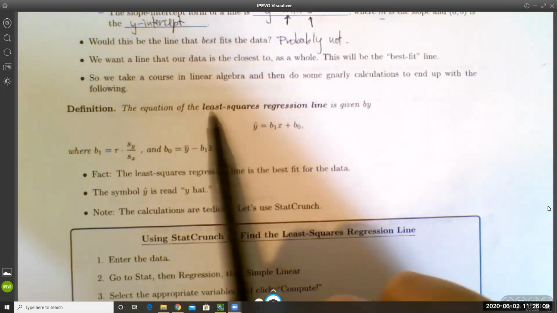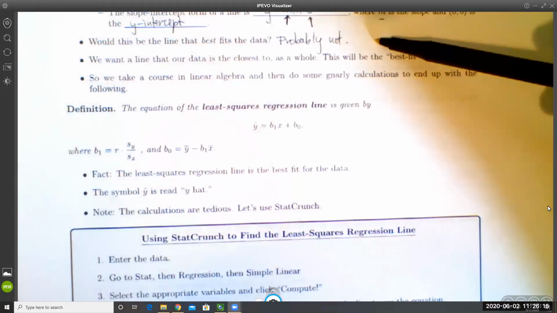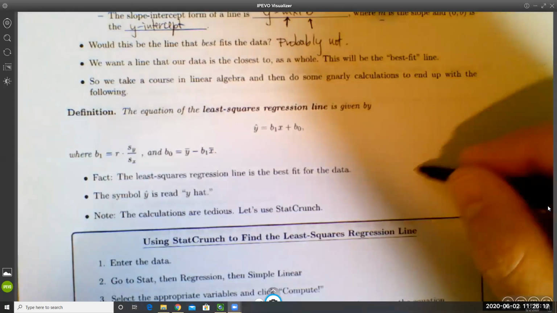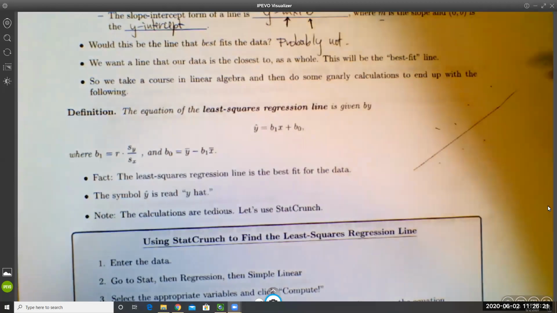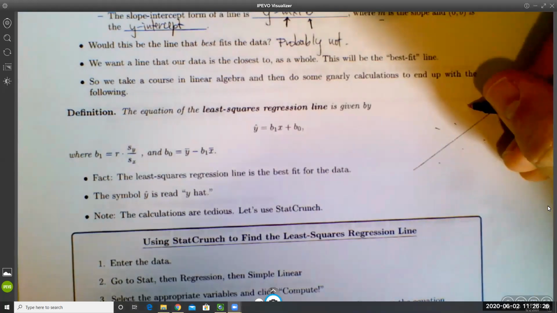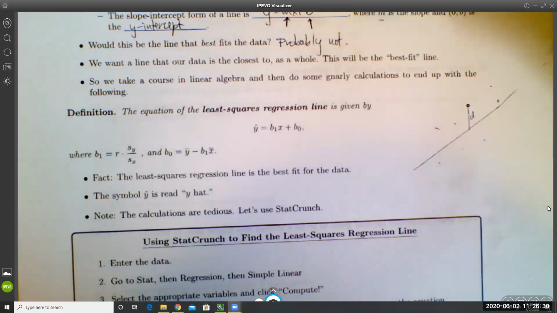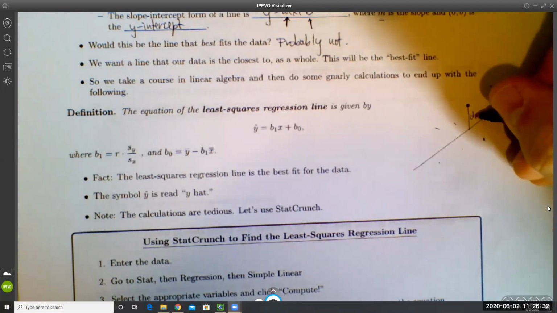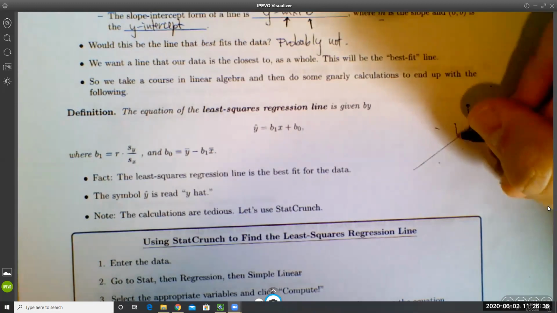It's called least squares because it's the line that minimizes the square of the distance between the point and the line. So in other words, I'm thinking of a scatter diagram that kind of looks like this, and, well, this is kind of bad, but the distance between the point and the line is that right there. And then here's another, maybe we'll call that distance 1, and maybe we'll call this one distance 2, and maybe we'll call this one distance 3.